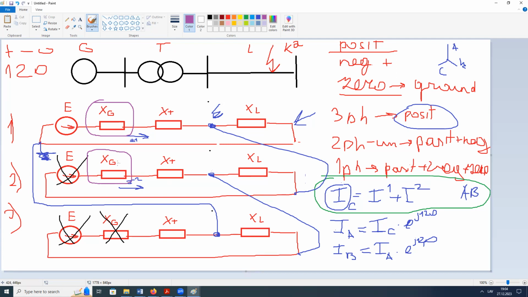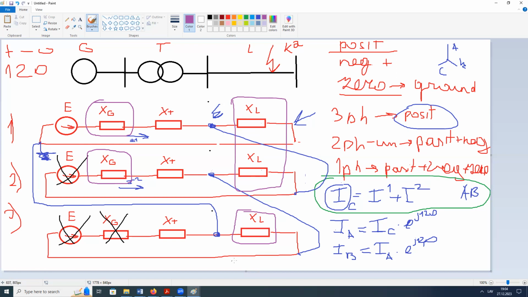This value and this value are not the same. For a generator, this negative sequence value is different. And what else? These values and this are not the same.